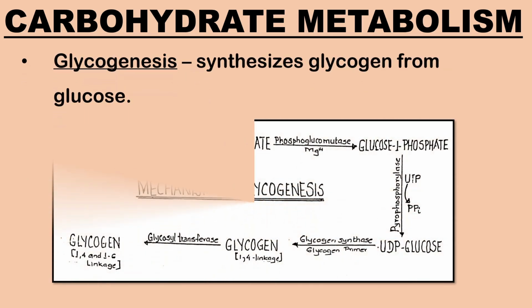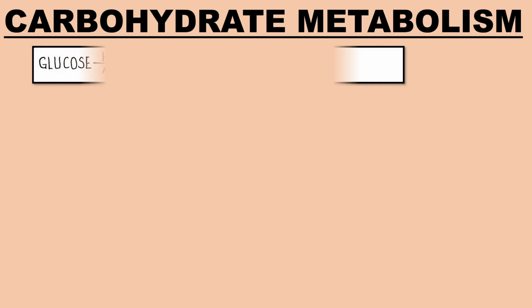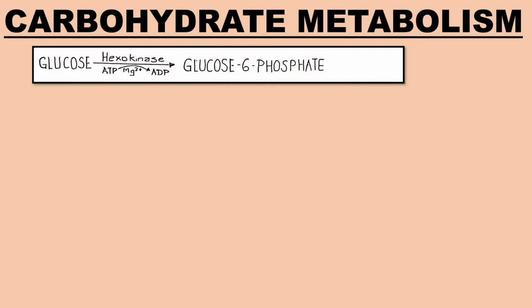Next, let us take up glycogenesis. It is the process of synthesizing glycogen from glucose. Glucose, in the presence of hexokinase enzyme, ATP molecule and magnesium ions, gets converted into glucose 6-phosphate.